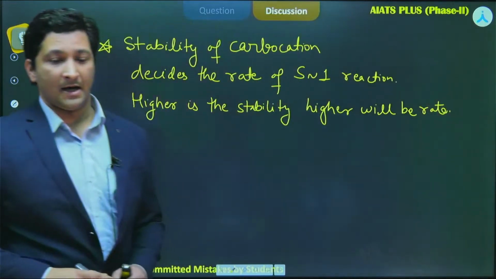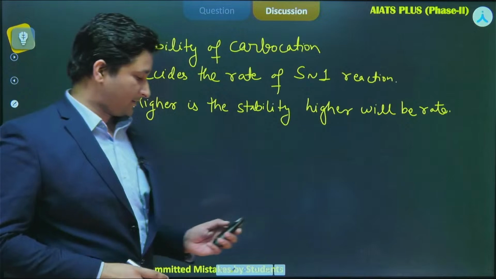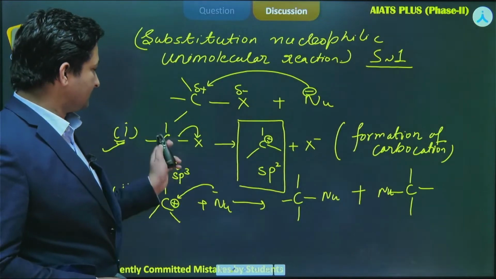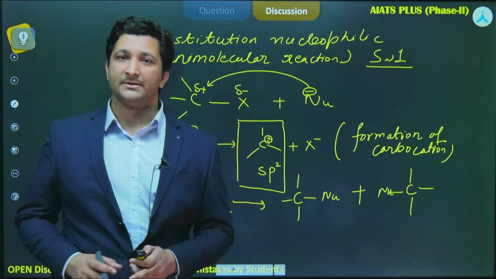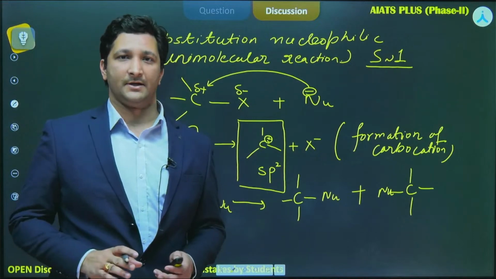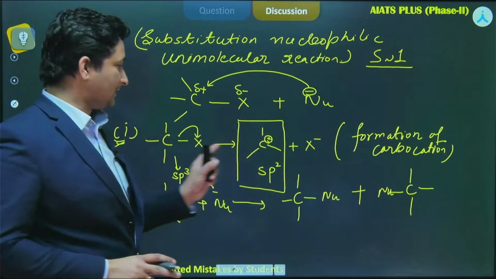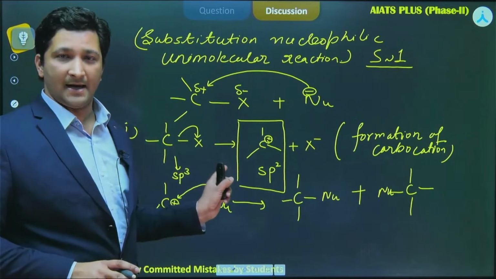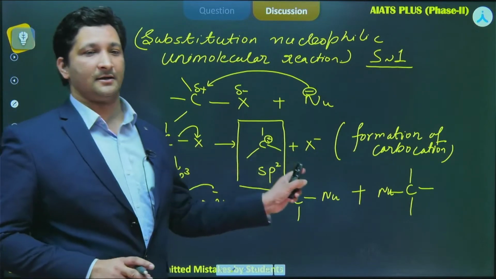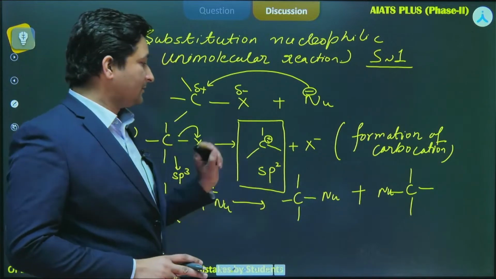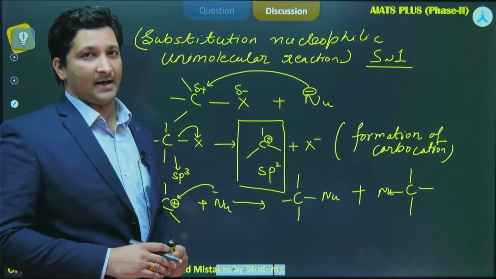Okay, and now one more thing we have to understand here, that this type of cleavage generally takes place in polar protic solvent. So key points you have to remember: it is unimolecular, basically depends upon the concentration of alkyl halide only, because this is the rate determining step, and then this intermediate carbocation is formed here.